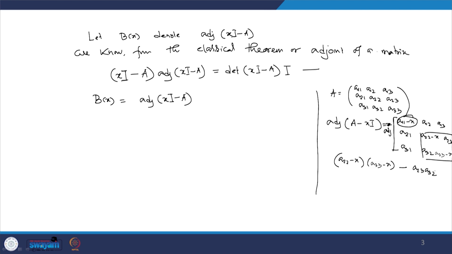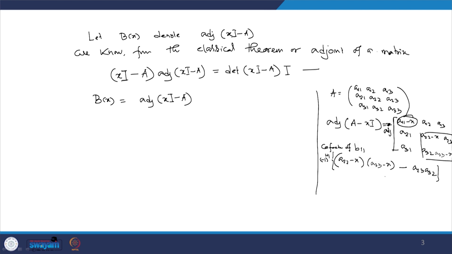So, the cofactor of B11, because this is a B matrix, will be this minor multiplied by minus 1 to the power 1 plus 1, that is the cofactor please. So, anyhow I am getting a polynomial in x of degree 2.